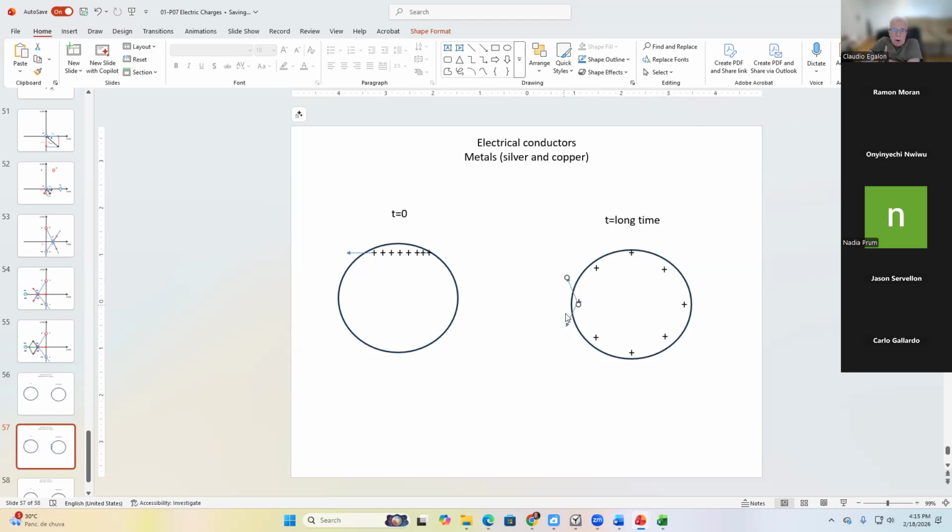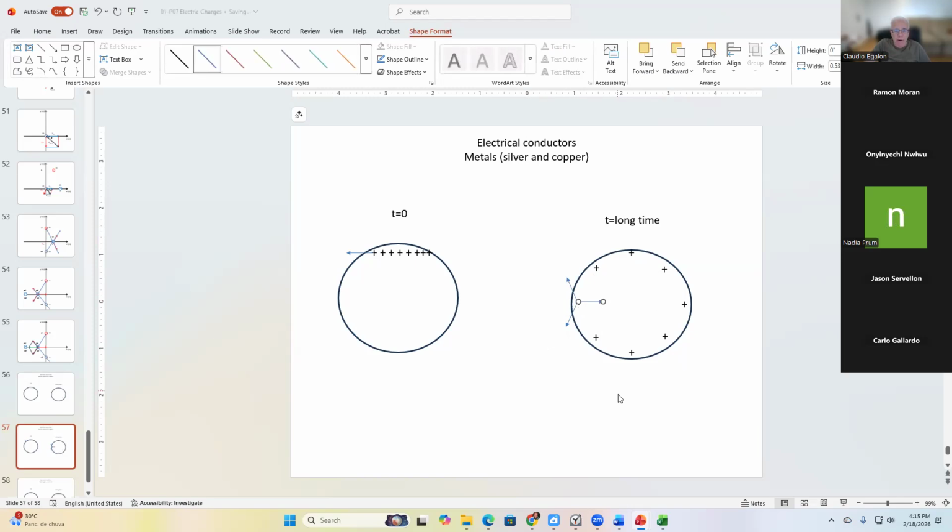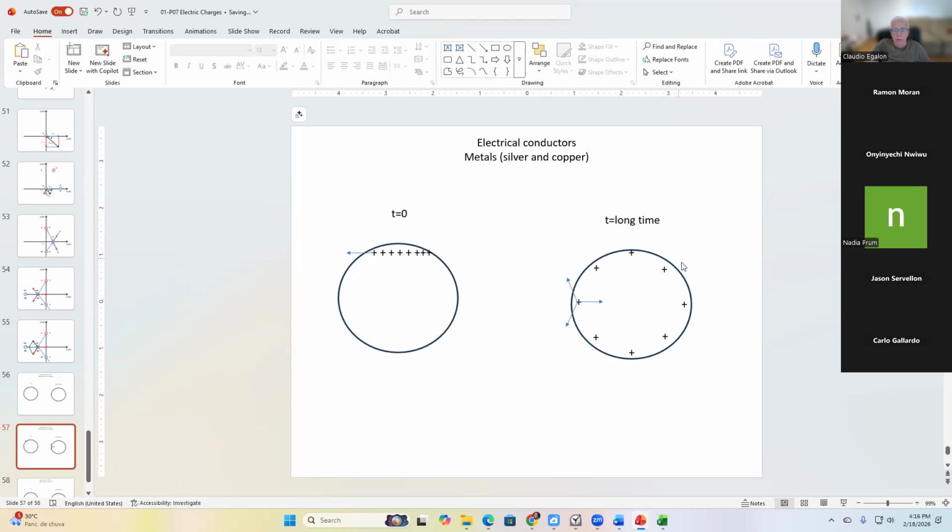But because this charge is very close to the edge of the conductor, the edge is going to apply a mechanical force, not an electrical force, that cancels out all the other electrical forces acting on this electric charge. And the charge is going to remain at this position. The same thing applies to the other charge. Makes sense? This is just a qualitative treatment because there's no better way of treating this at this level, okay?